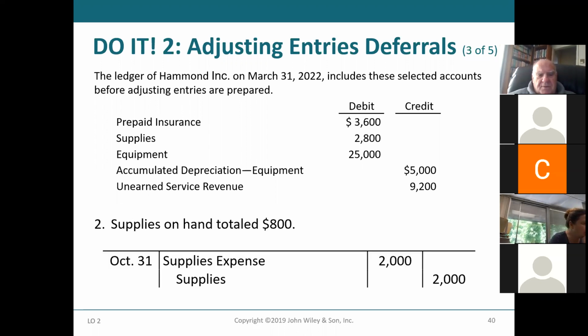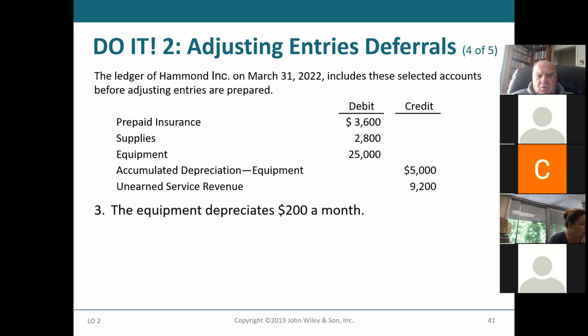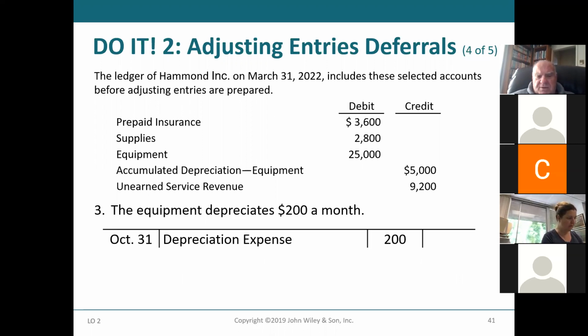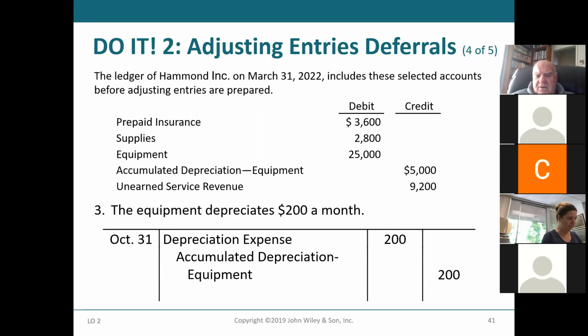What was our third one? Equipment. This is the one that I say is the easiest to do because it's always the same. It's always a debit to depreciation expense and a credit to accumulated depreciation. When you credit accumulated depreciation, you reduce assets. You reduce the net book value.